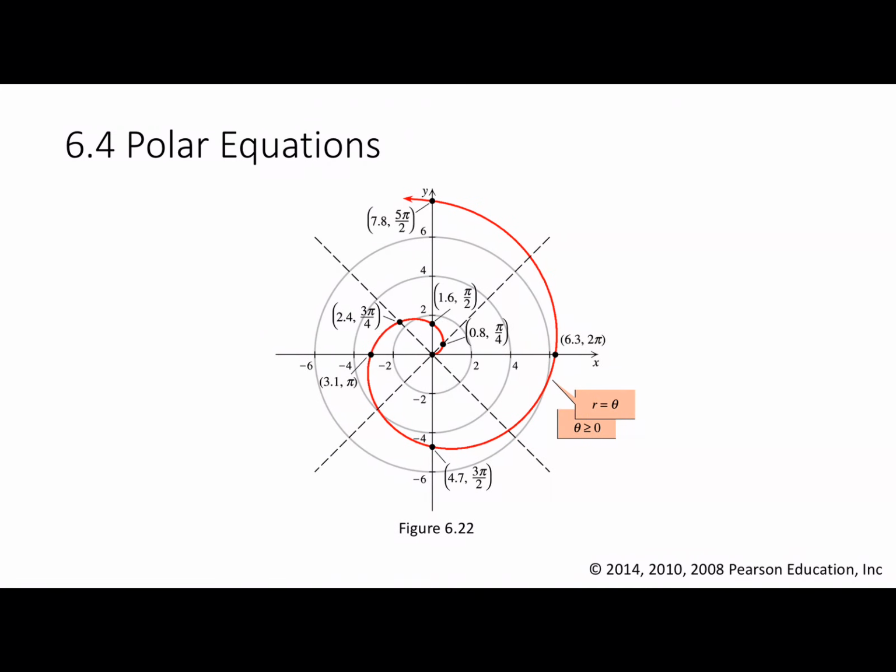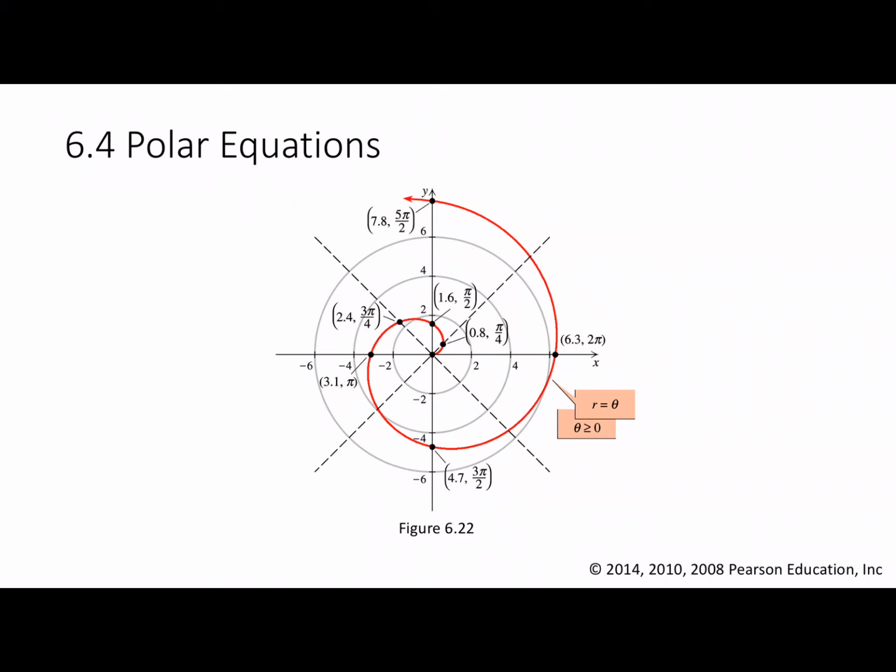All right, so I just want to show you a couple of pretty pictures, and these are all from your textbook, just to show you some of the cool things that you can get when you're plotting polar equations. So here, this is the equation r equals theta, and we're just graphing it for values of theta that are greater than or equal to 0.